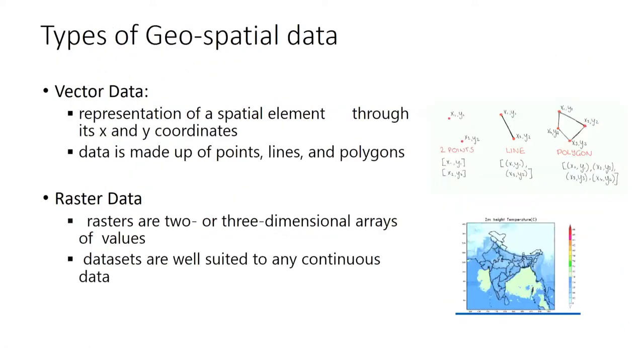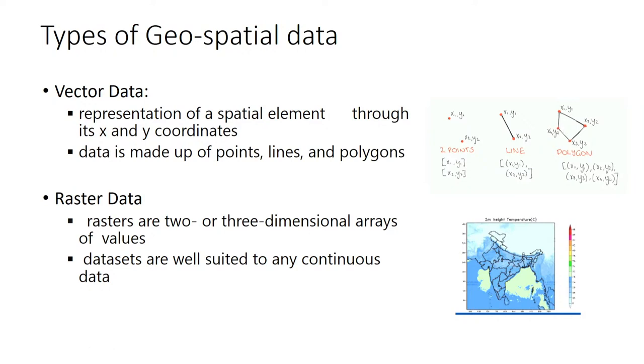So vector data can be represented either using a point, line or polygon. Like a city can be represented as a point, or a river or a road can be represented with a line, or the footprint of a building or boundaries of a country or city can be represented using a polygon. So the data is made up of point, line and polygon.